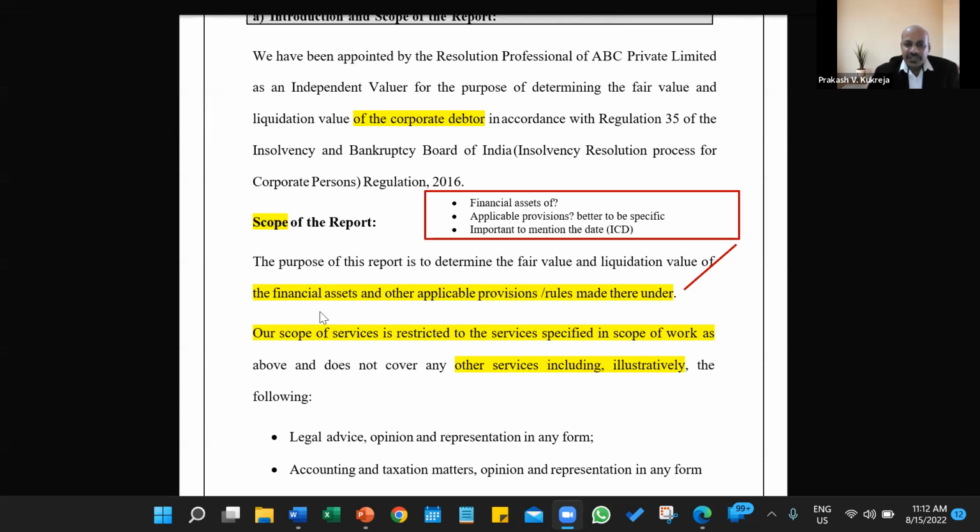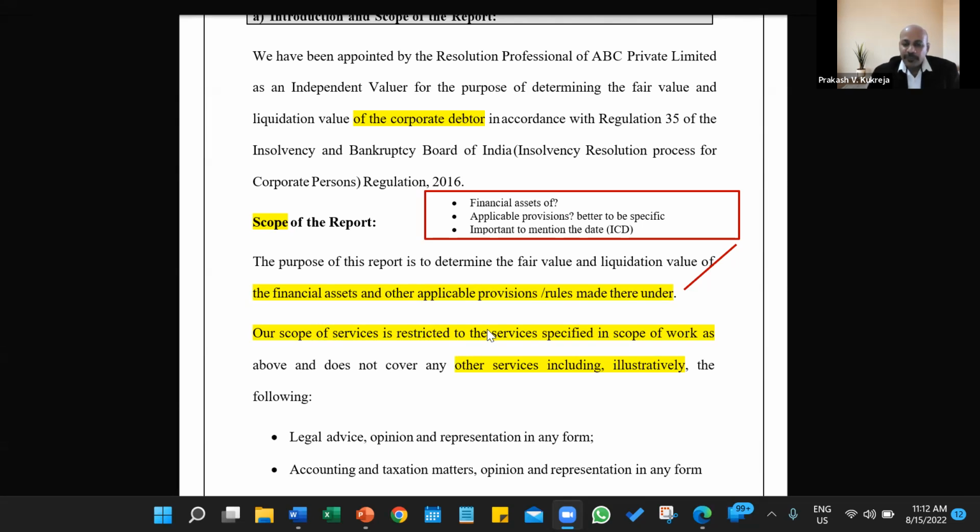So it says financial assets and other applicable provisions, rules made thereunder. Our scope of service is restricted to the services specified in the scope of work as other services, including illustrative. So if you see financial assets, I think we should be very specific with financial assets of ABC Private Limited as a part of CIRP.